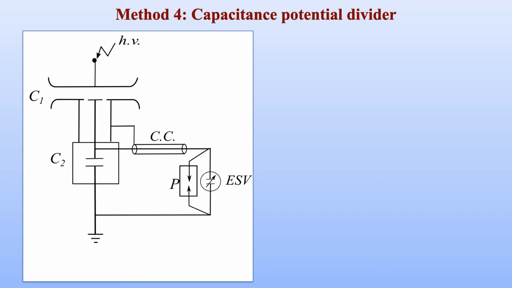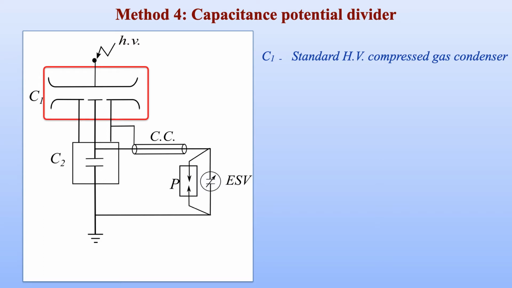This actually consists of two capacitors. Capacitor C1 is a standard high voltage compressed air or gas condenser. It's a 3-terminal capacitor. The third terminal is mainly used for shielding of this capacitor with respect to any stray capacitances present nearby.